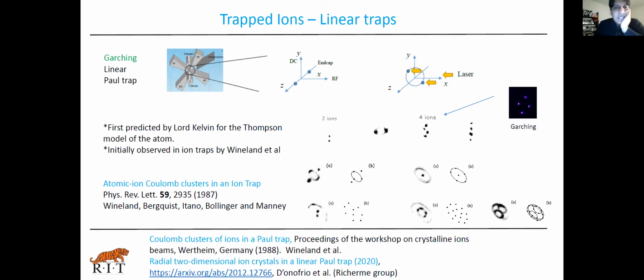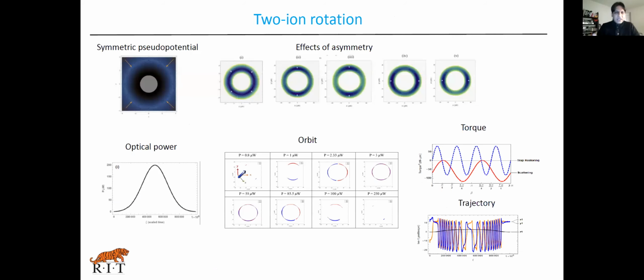That's a great question. Okay. So I told you that the ions are in a harmonic potential, and that's true. But there is also this micromotion, and there is a way of averaging over that micromotion to give you the effective potential that the ions see, and that's called the pseudopotential.